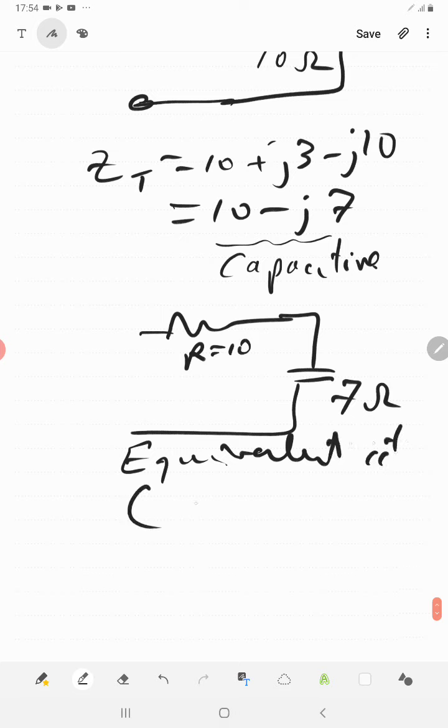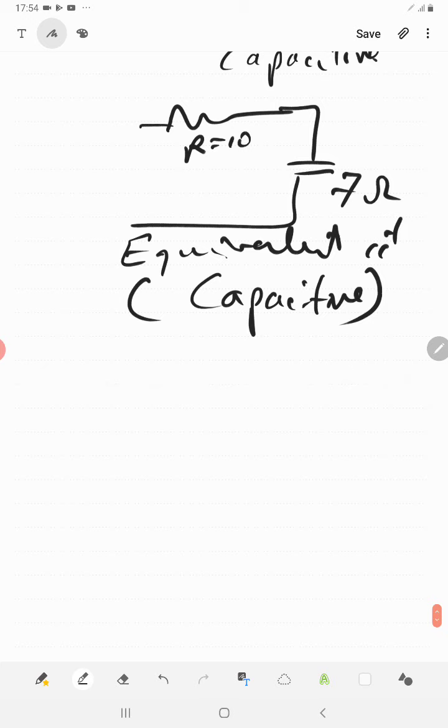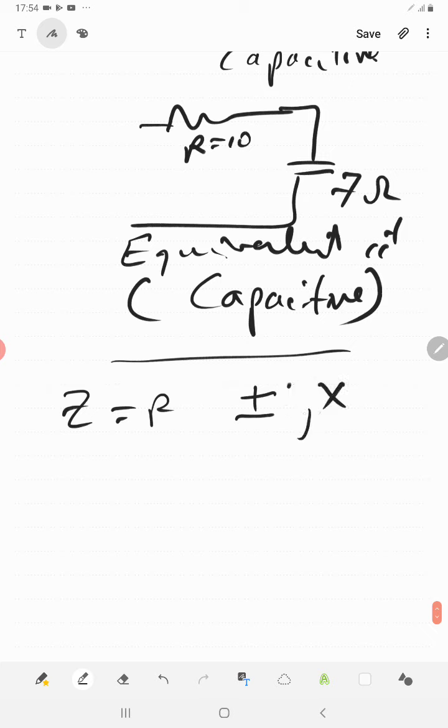So when the impedance has a positive imaginary part, or positive X, then we say it's inductive. When it is negative X, it's capacitive. In general, Z equals R plus or minus jX, so plus gives you inductive.